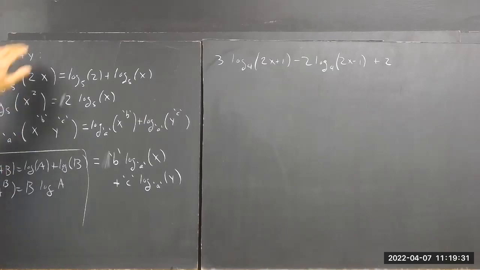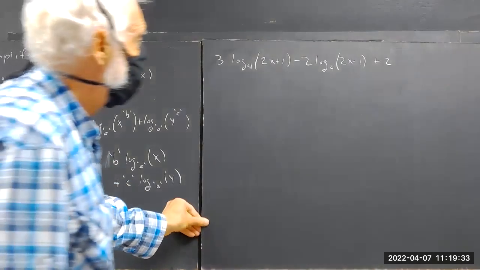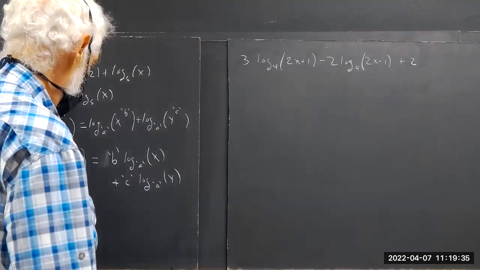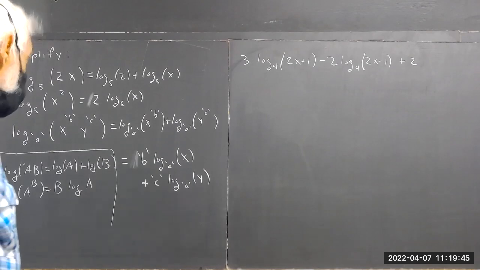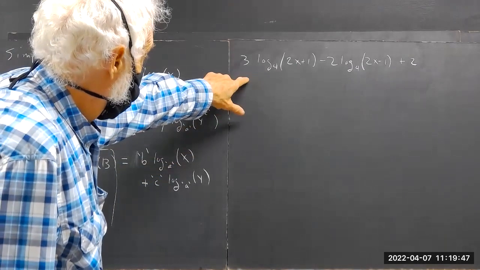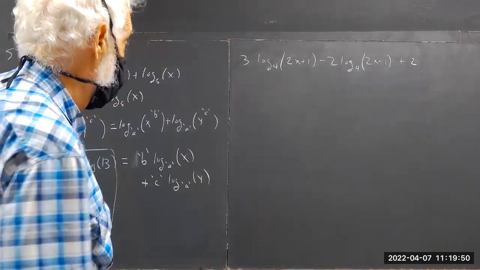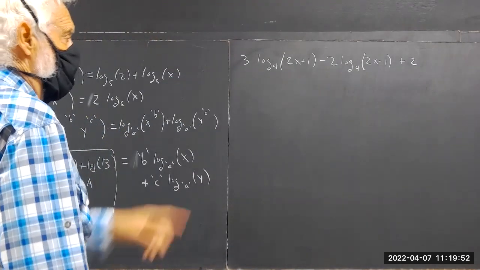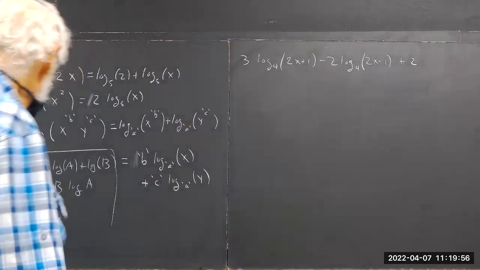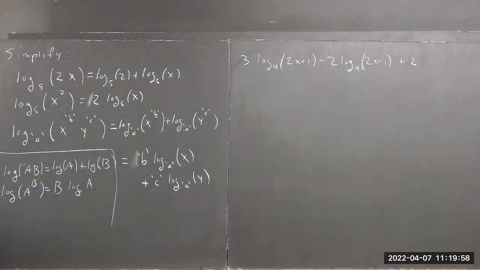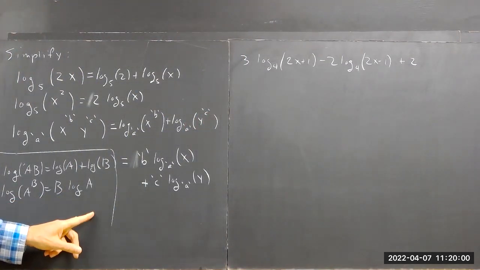Yes, we have reference to these rules. Do this. Okay, so 3 log to the base 4 of 2x plus 1 and 2 log base 4 of 2x minus 1. So we can apply the second rule in each of these. We've got a number out in front of the log.